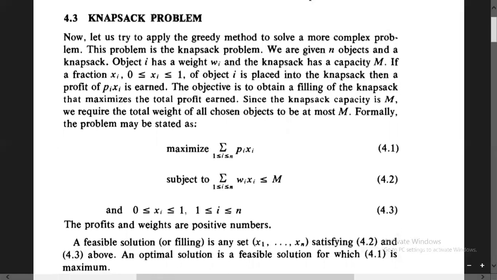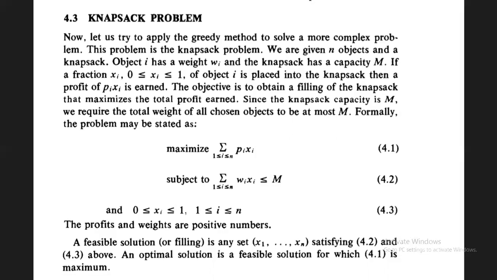Say for example the maximum capacity is 10, and you have 3 items: one of weight 5, one of weight 3, one of weight 2. The total capacity is 10. First you will take the item with maximum weight, that is weight 5, and put it in the bag.